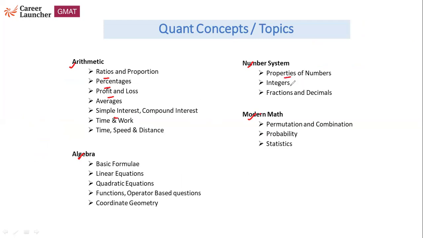Numbers include prime numbers, composite numbers, odd, even, integers, fractions, decimals, everything around numbers. Modern maths: permutation, combination, probability, set theory, mean, median, mode, normal distribution, everything comes under modern maths. So that's the whole list of topics with subtopics given here.